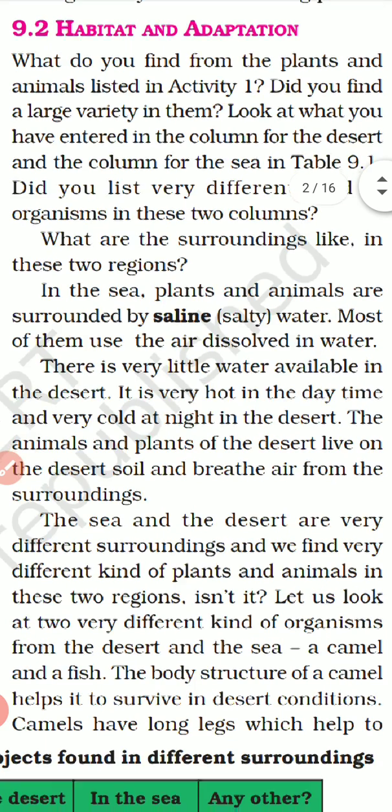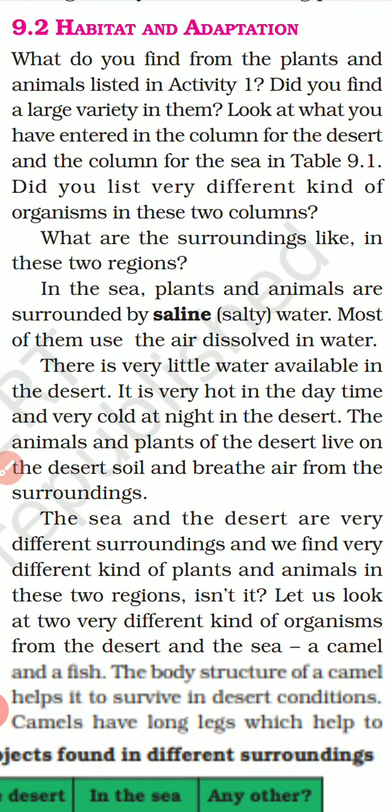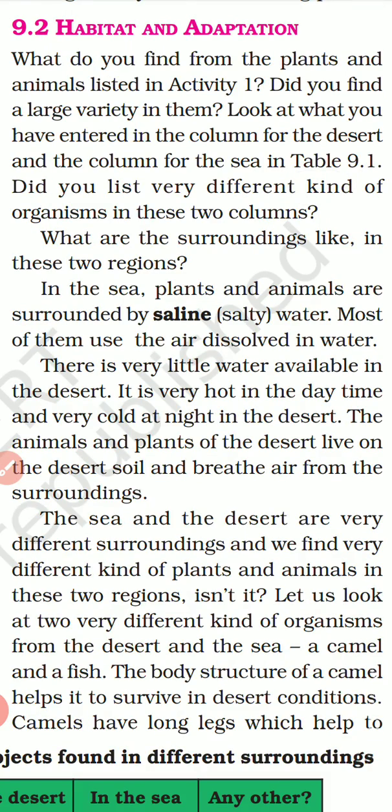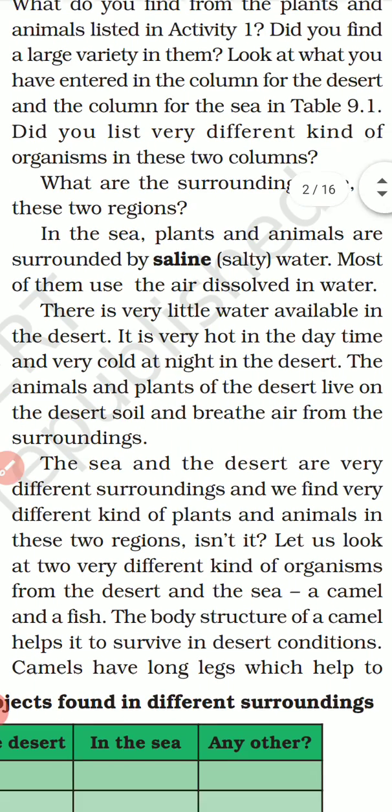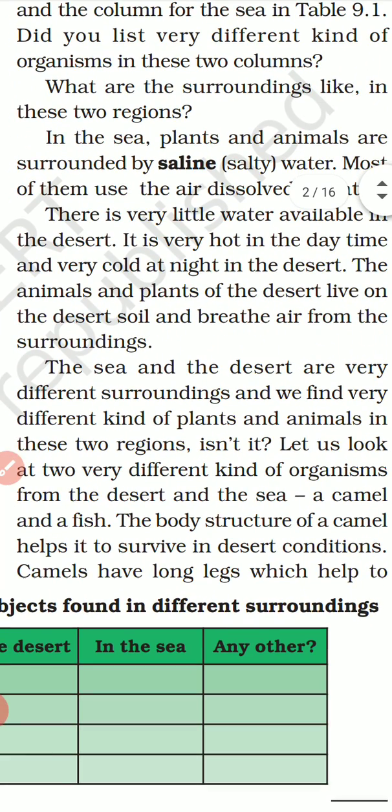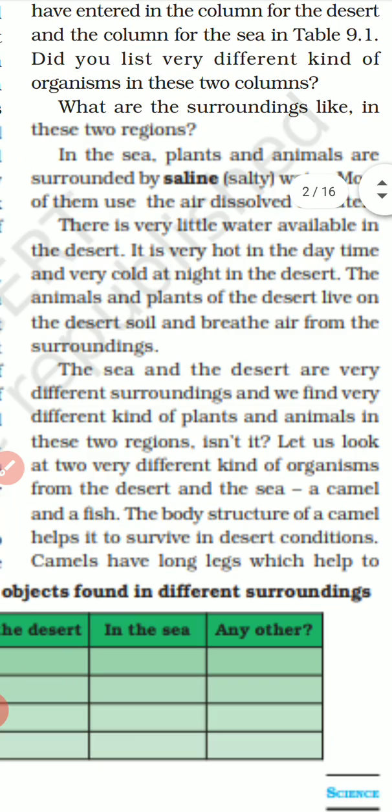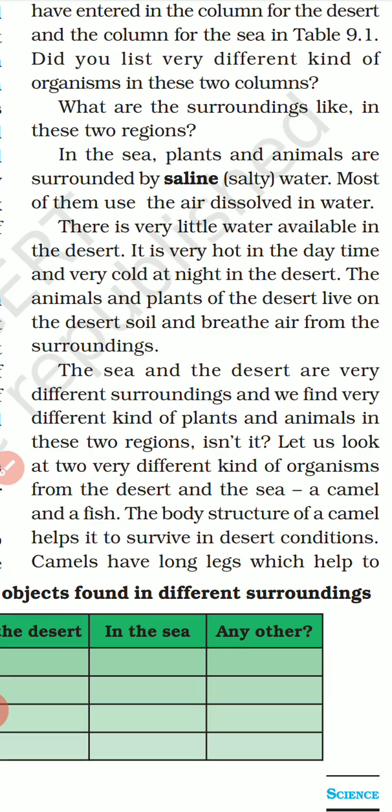In the sea, plants and animals are surrounded by saline water, that is salty water. Most of them use air dissolved in water. There is very little water available in the desert. It is very hot in the daytime and very cold at night in the desert.